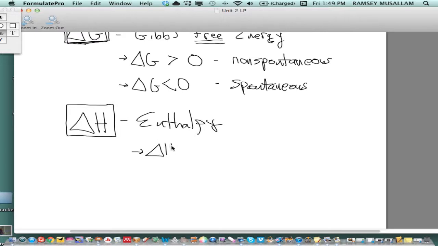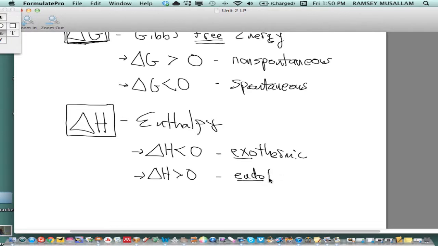Delta H is less than 0. What's that called? Exothermic. That means heat exits the room, or heat is released. And delta H greater than 0 is called endothermic. That means heat enters the room.